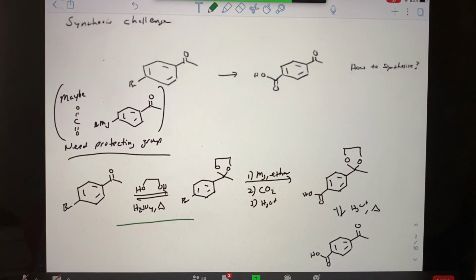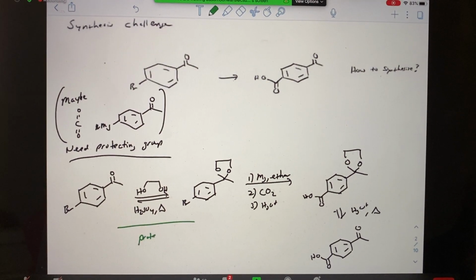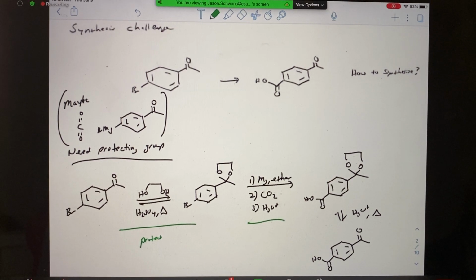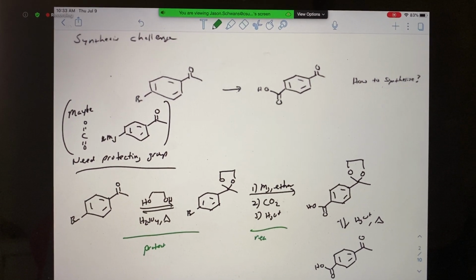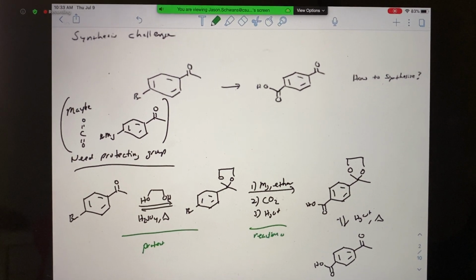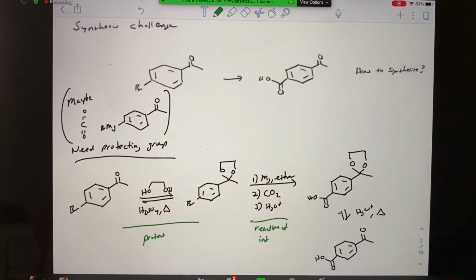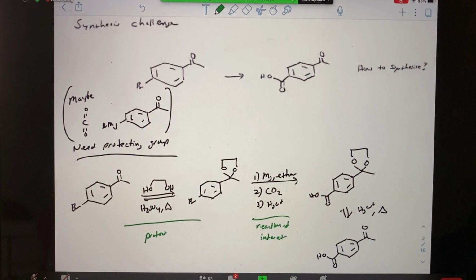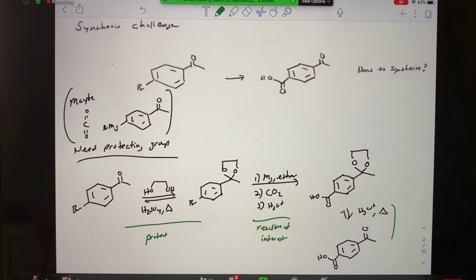So here we're going to protect. This is the reaction of interest, I think we called it last time. And then over here, we're going to deprotect.